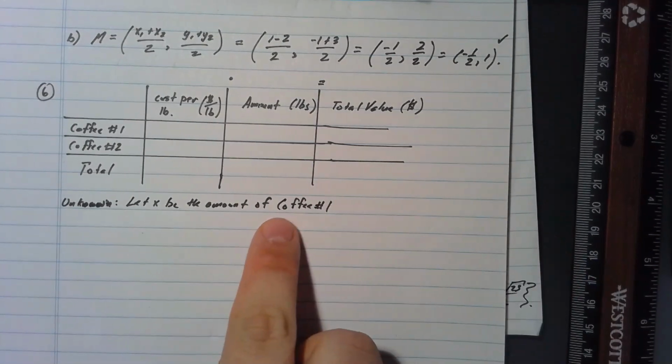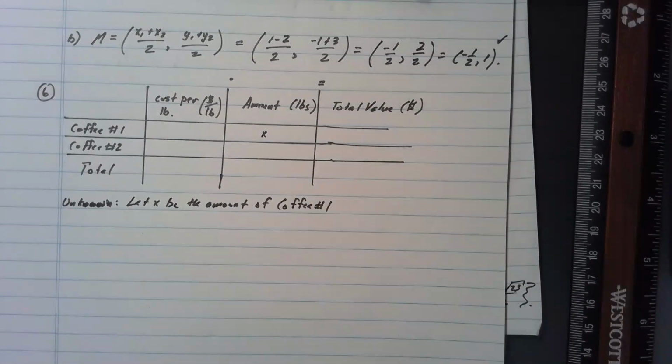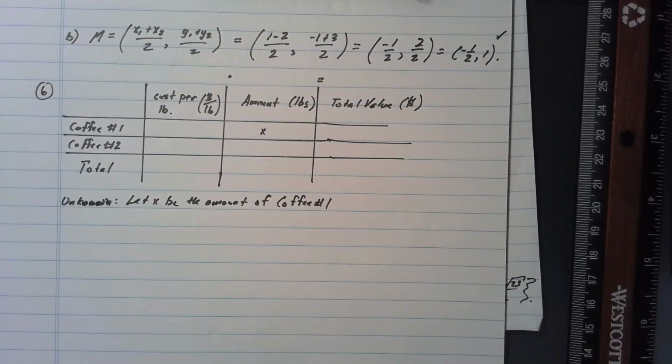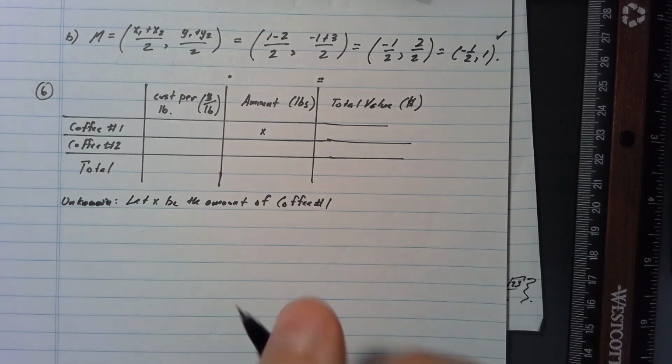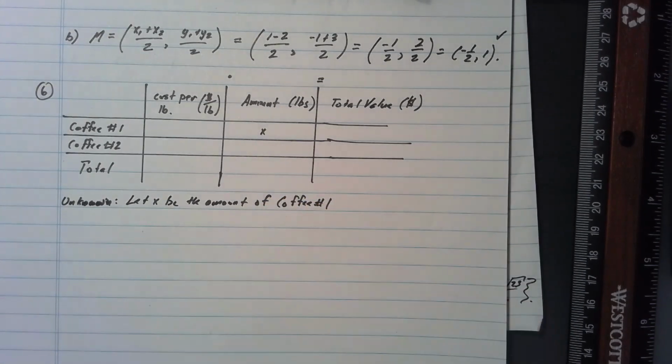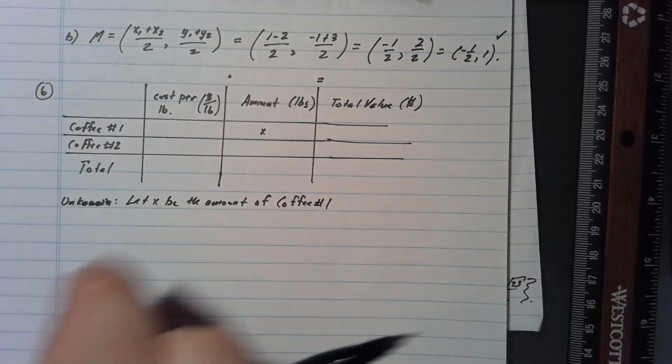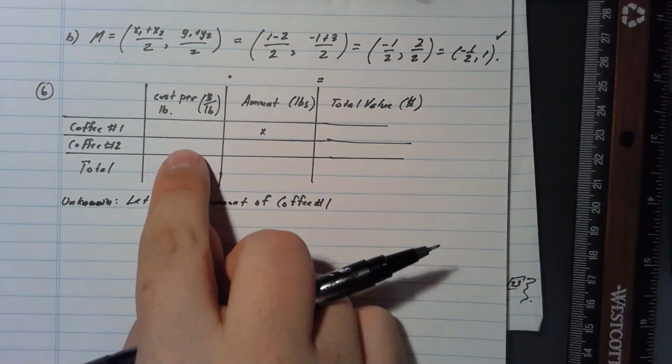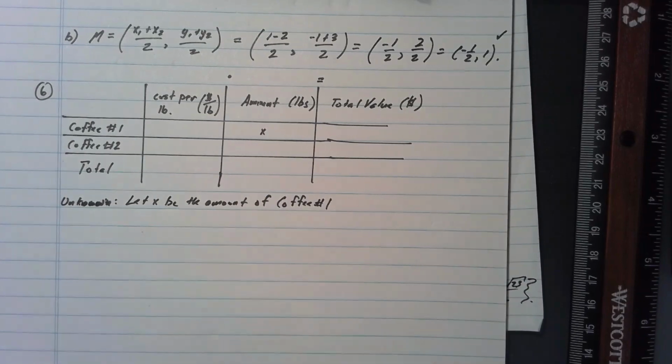So because I know that's the case, I'm going to put X there. Now, the other coffee, so you know what, before we keep going, let's fill in the table with what we know. It'll help us with the problem.